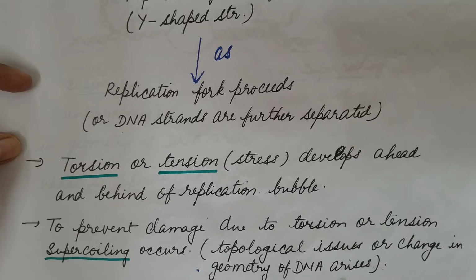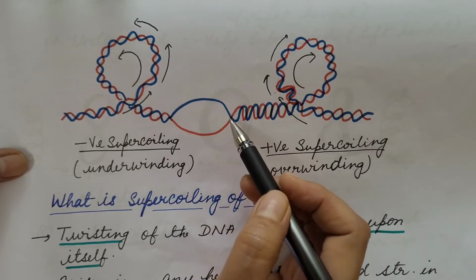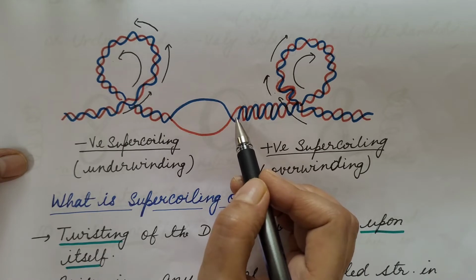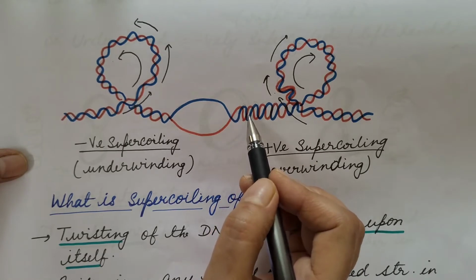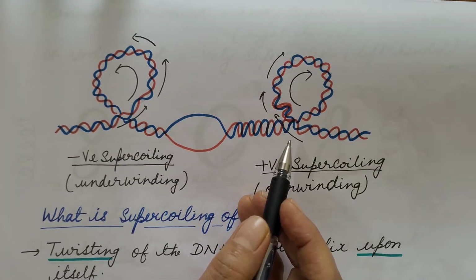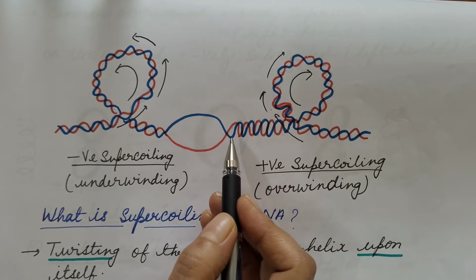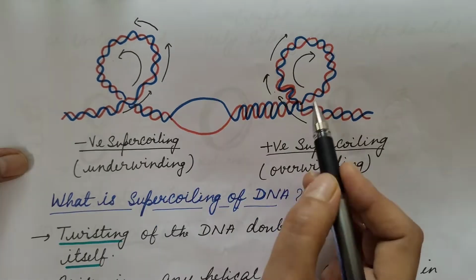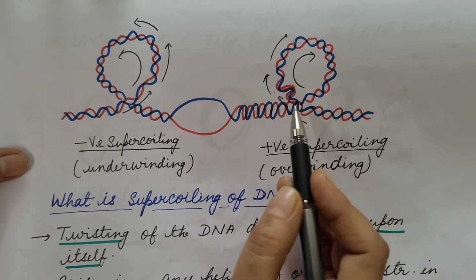That is, a change in the geometry of DNA arises, or we can say topological issues arise. So this is the replication bubble, and as it proceeds, tension or torsion develops. In order to protect it from the damage caused by tension or torsion, supercoiling of the DNA takes place.